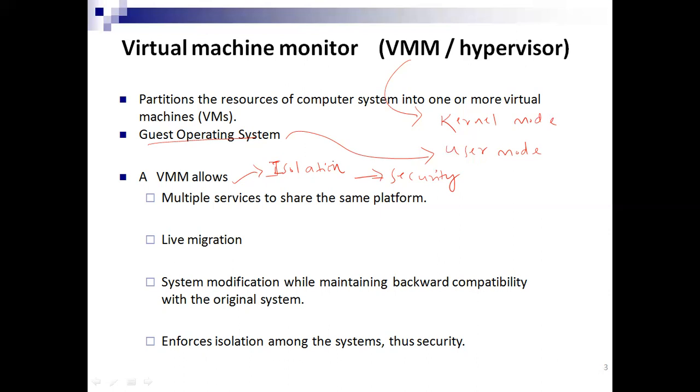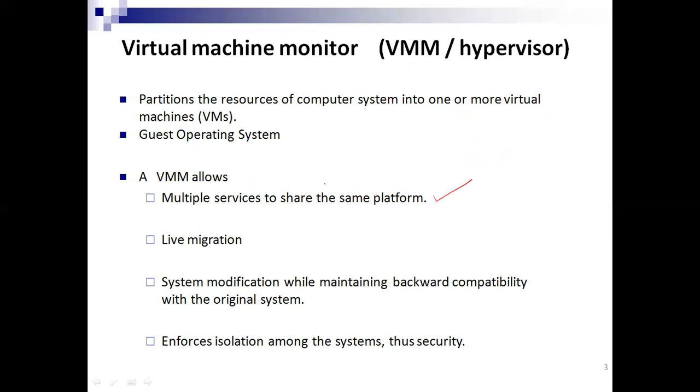Apart from this, the virtual machine monitor enables the following. The first one is that multiple services can share the same platform. Next, it allows live migration. What do you mean by live migration?